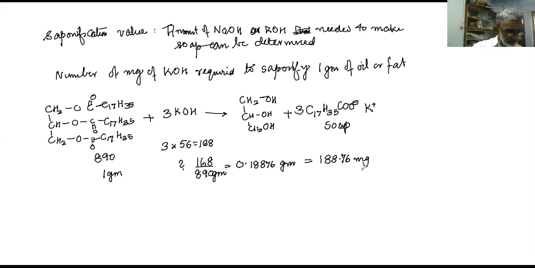So the saponification value for tristearin is 188.76.